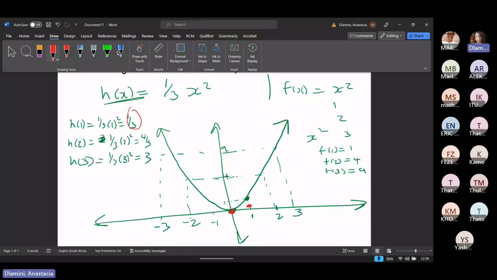Where's 4 over 3? 4 over 3 is 1 comma something. Do you see that? So 1 comma something will be somewhere here, just above this one. And then 3 will be somewhere here because this is 4. So let's say 3 is here. Same applies this side.